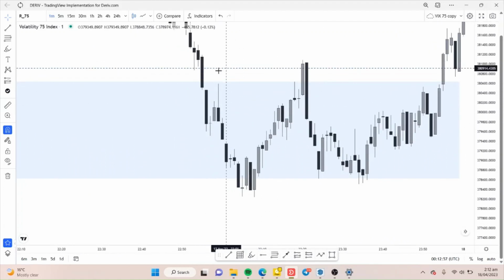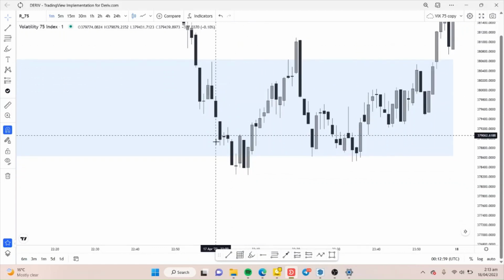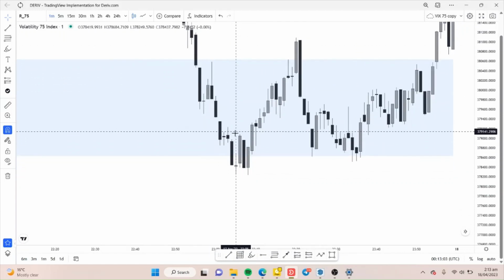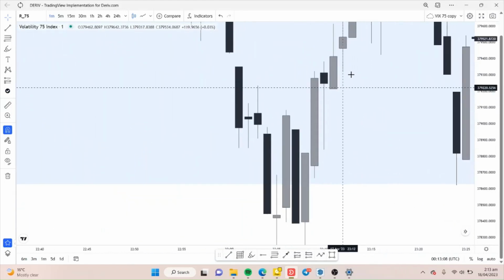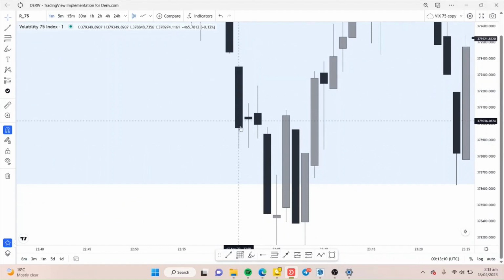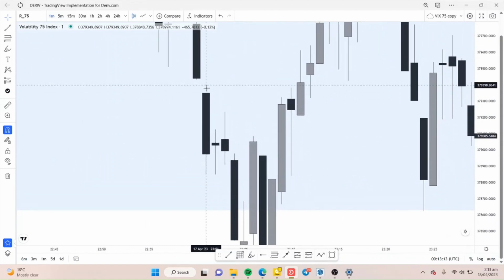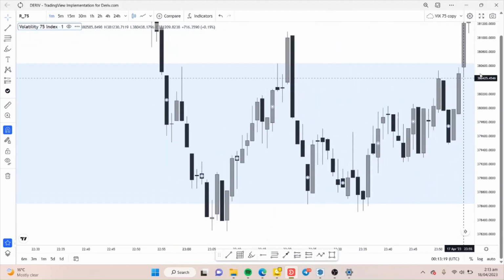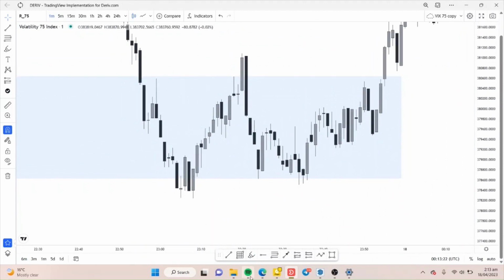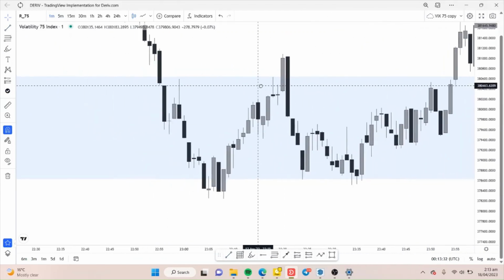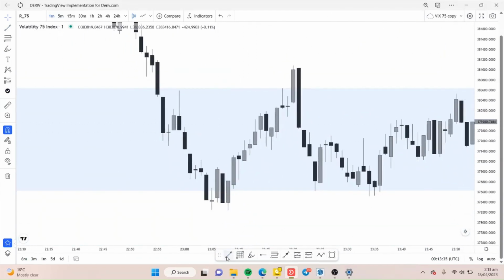This was the low and this was the high. Okay, and this is arguably, no, this is not structure. Why? Because the candle that created the low was not taken out, so this is not structure. What is structure is this. Let me show you where my mind is.